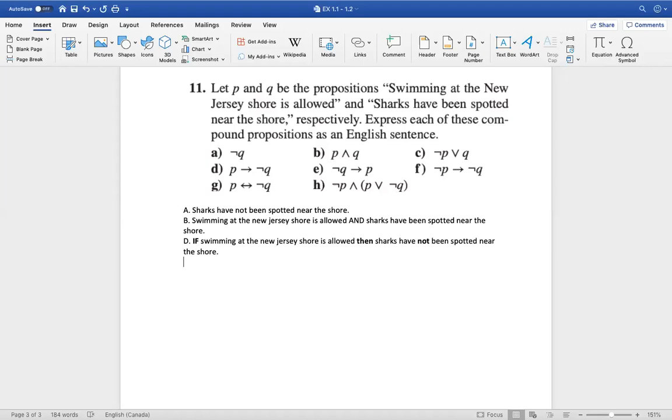Okay, let's take another one. Let's take example number G. So this sign over here is the sign of biconditional. It is also read as if and only if.